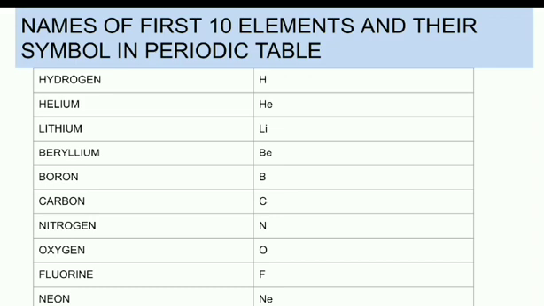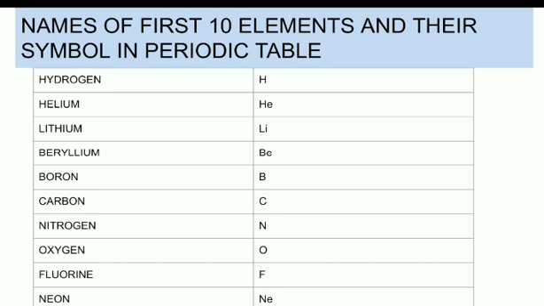Now, the first element in periodic table is hydrogen, and its symbol is capital H. The second element is helium. Its symbol is capital H and small e, that is He.